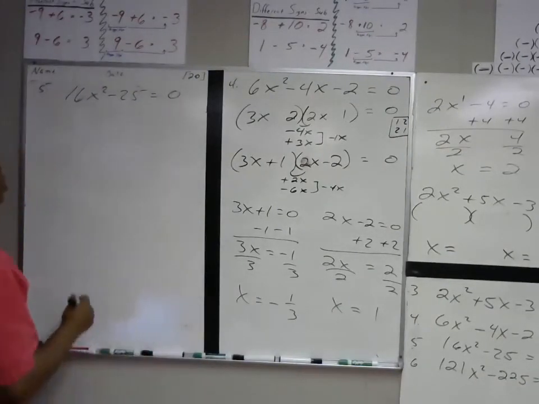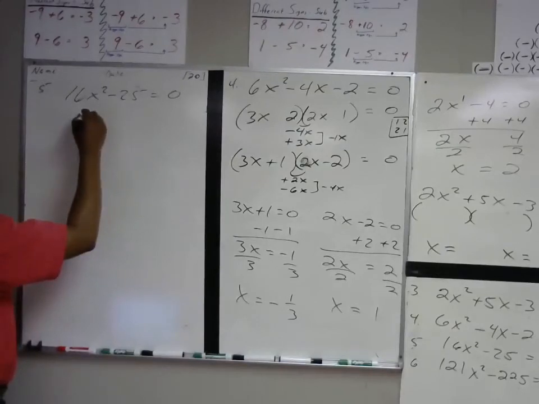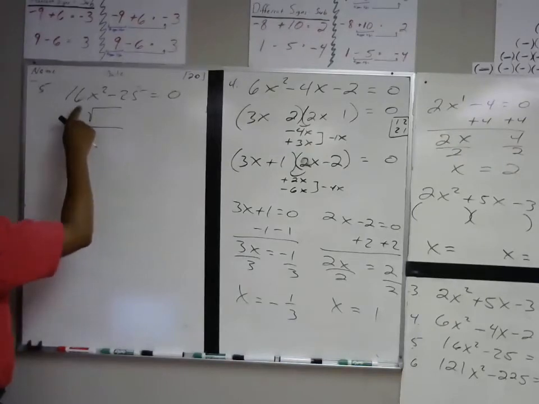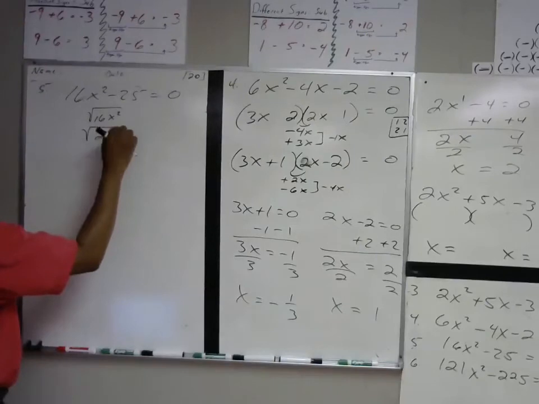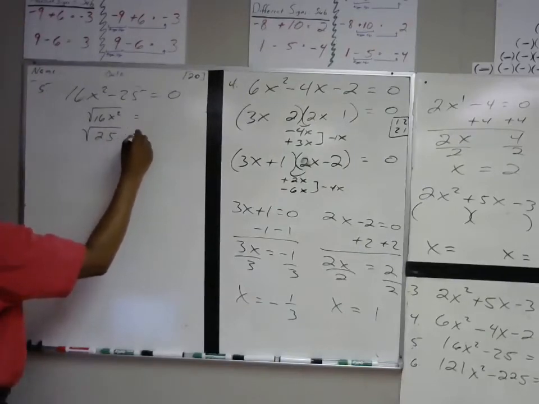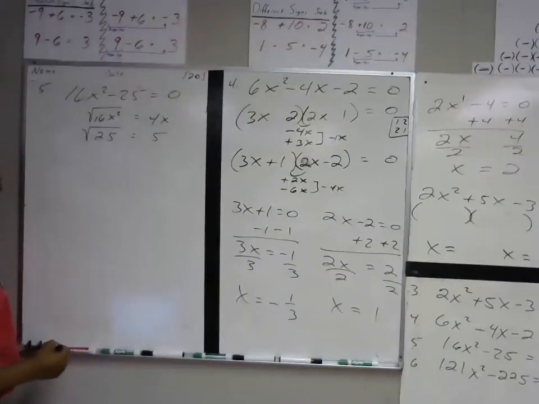Okay, so since this is a difference of 2 squares, what I'm going to do is use a square root for the 16x squared, and for the 25. This will give me a 4x and a 5.